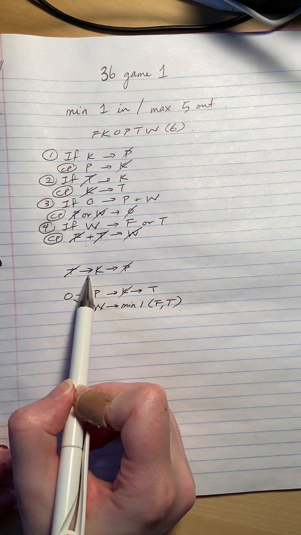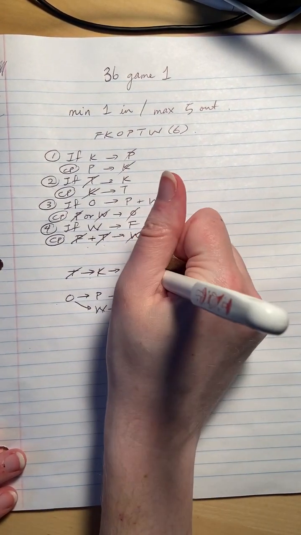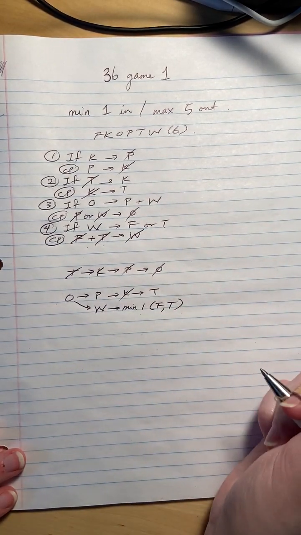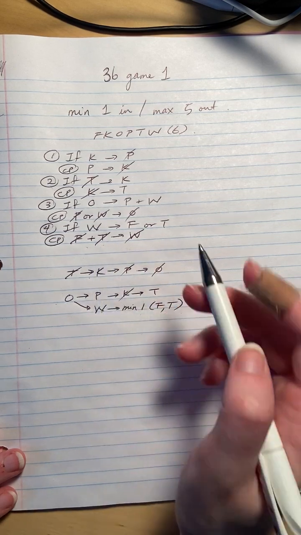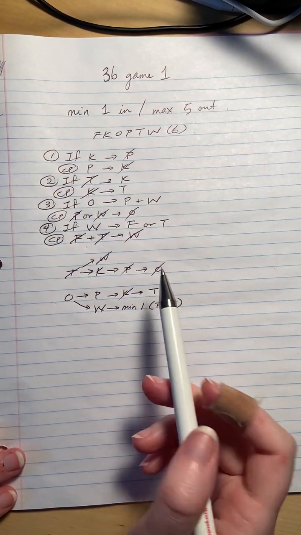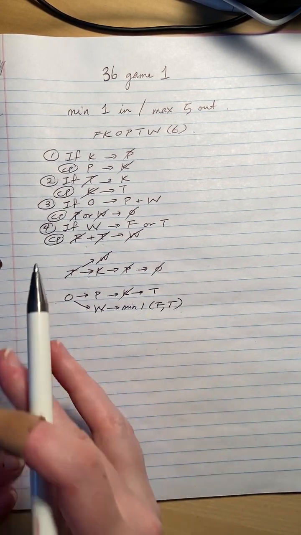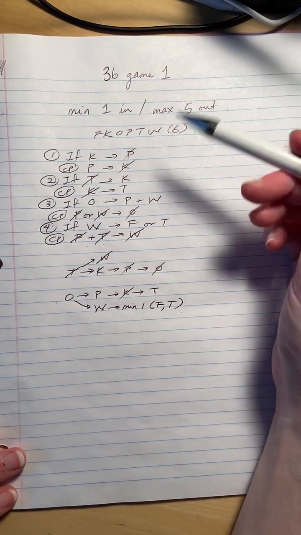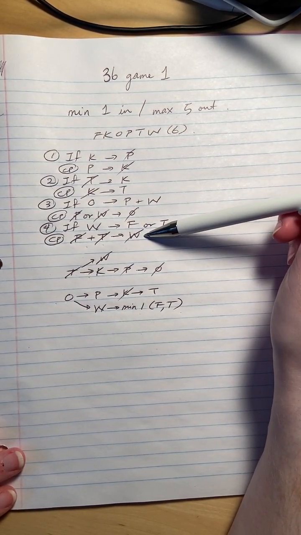Back to our original here. If we don't have P, then we don't have O. And if we don't have T, we don't have W. And then figs, once again, yeah, we can kind of take them or leave them, right?